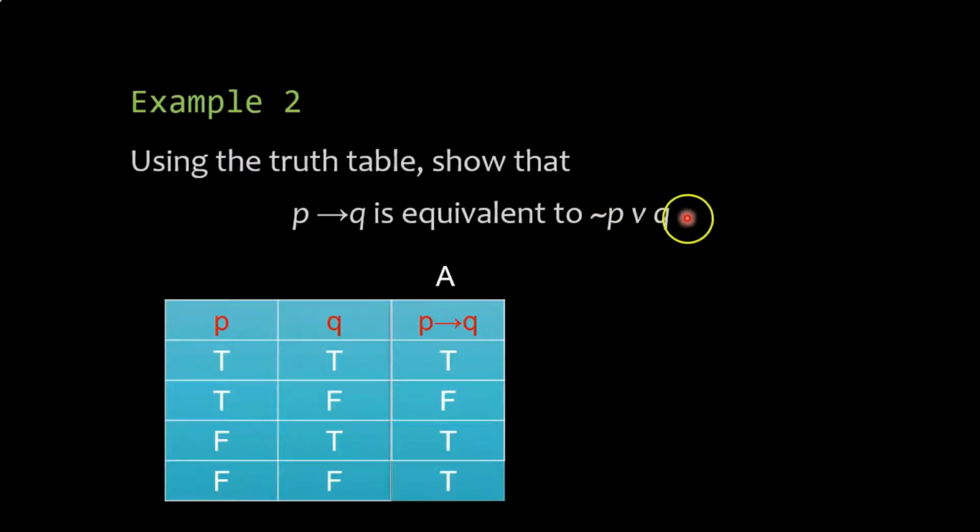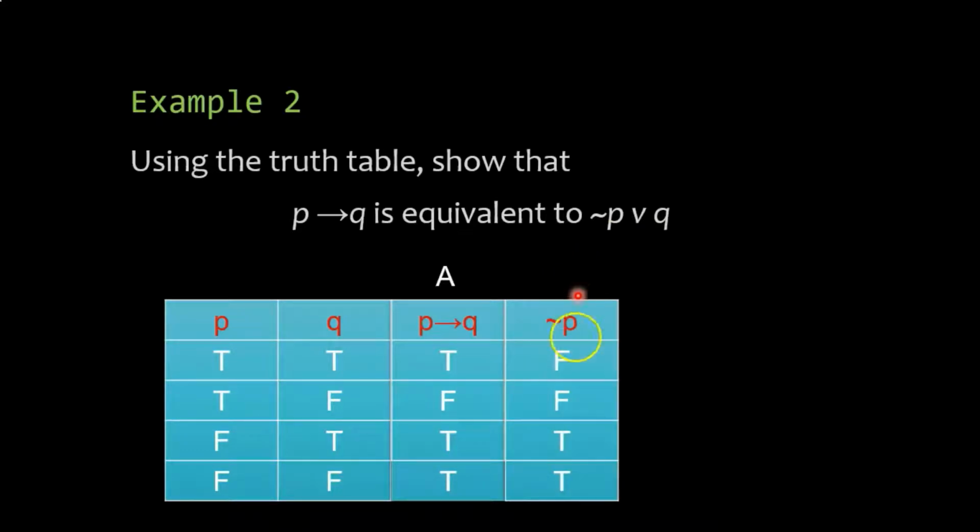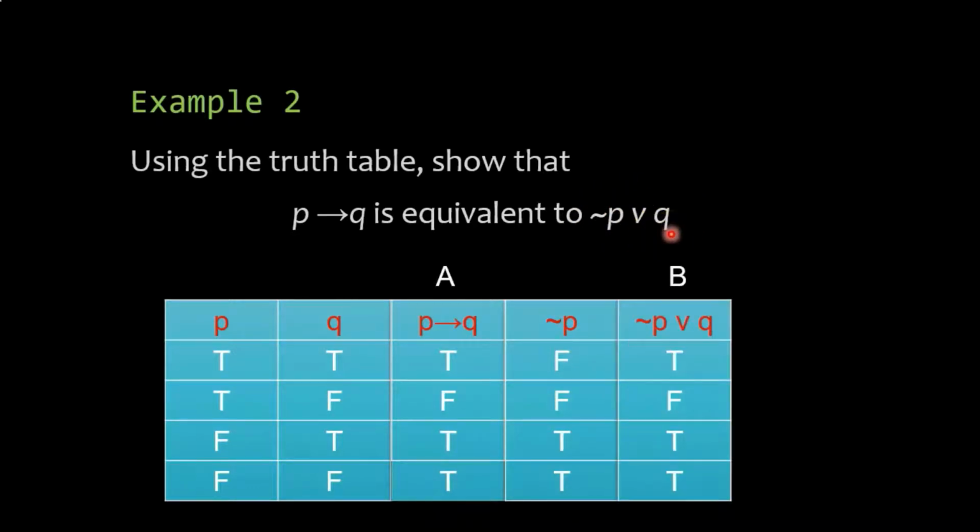Then for the next one, since we have negation P, you find out the truth values for not P as follows. We just reverse the truth values of P to get not P. And then we find out this one, which we can label as statement B. To find the truth values for statement B, we compare the truth values of not P and Q. If either one of these is true, then the result is true.